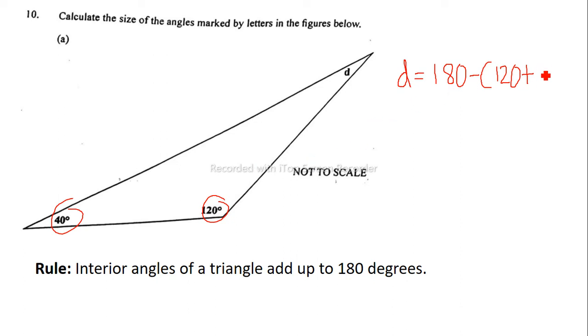Thank you for those who are sending in their notes. D is going to be equal to 180 minus, what is 120 plus 40? 160.